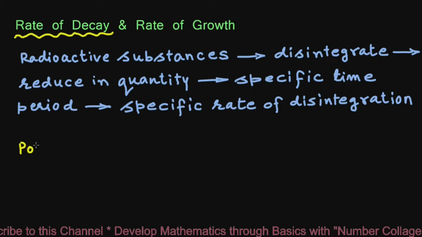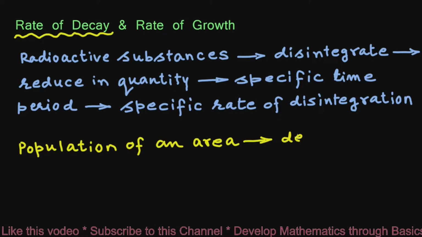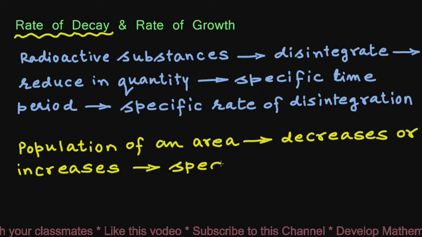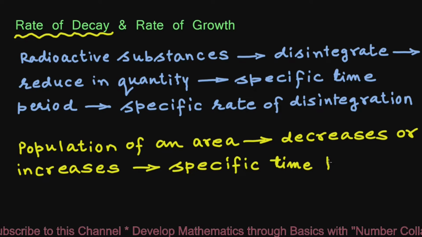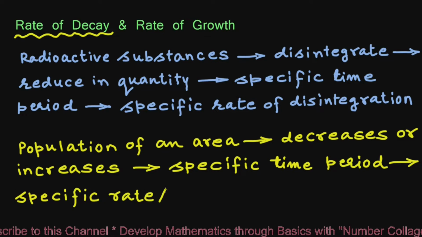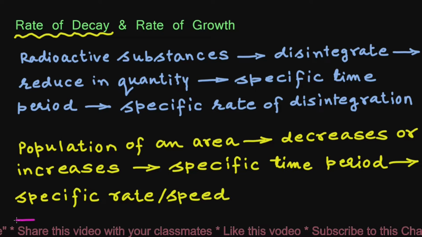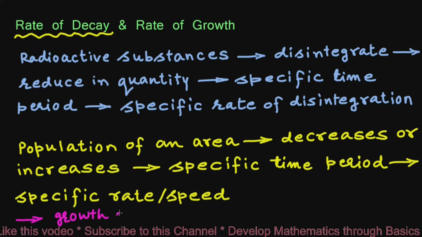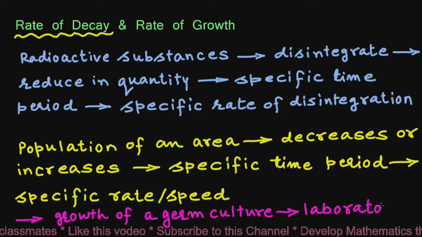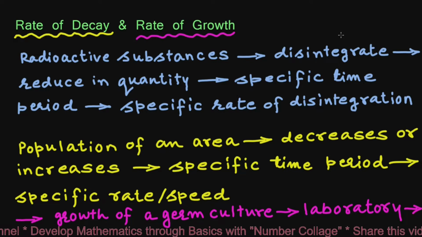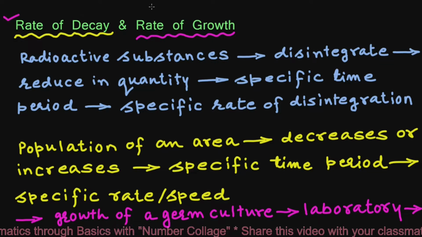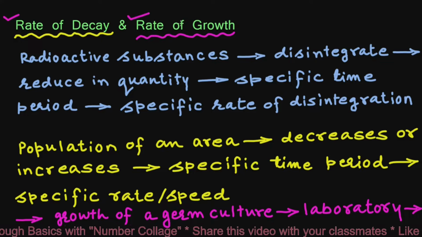Similarly, the population of an area decreases or increases after a specific time period, and this happens at a specific rate or speed. This also happens with the growth of a germ culture in a laboratory, known as rate of growth. So we will be discussing in this video this rate of decay and rate of growth.